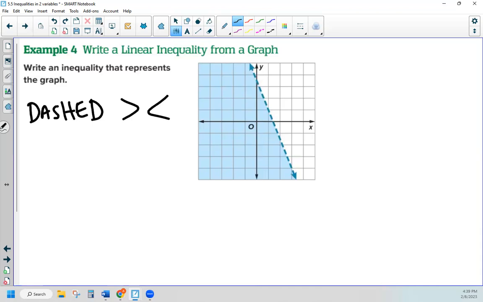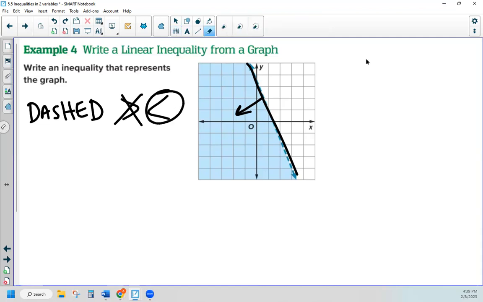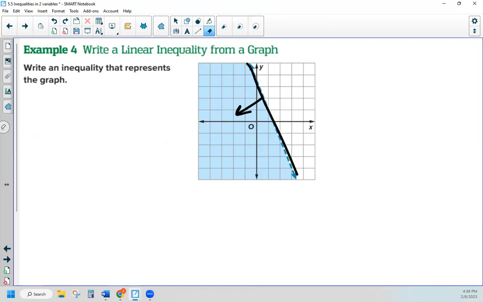Next, I could see that my line looks like this. It's negative, so it has a negative slope, but also that we're shading under it. So that means that we're actually using the less than symbol. So we are using this symbol right here. What does that mean? We already know the start of our inequality.